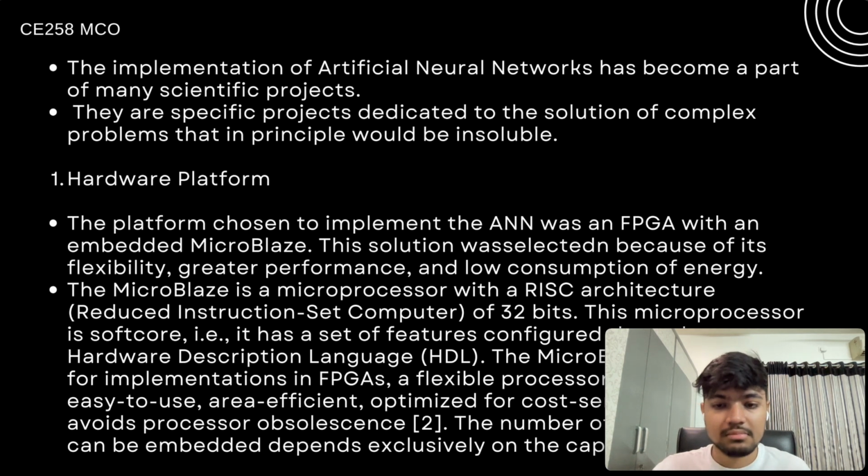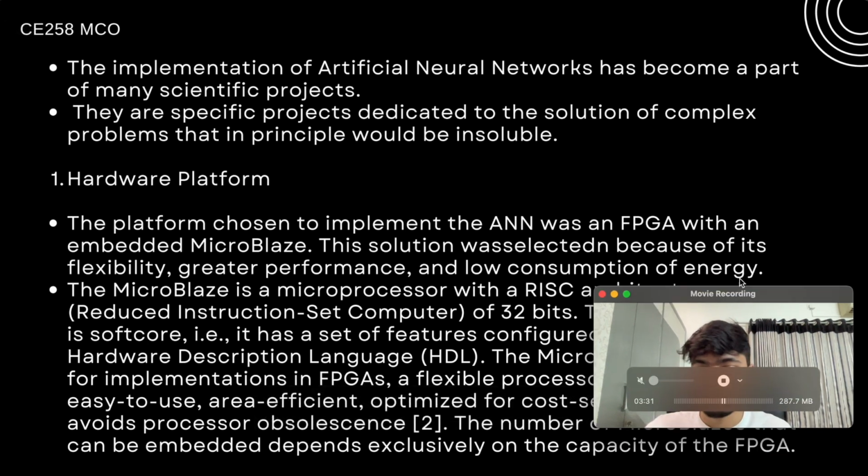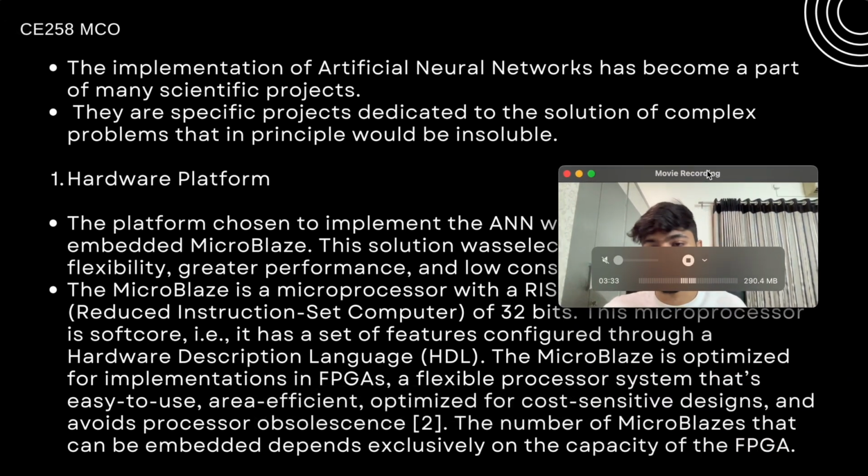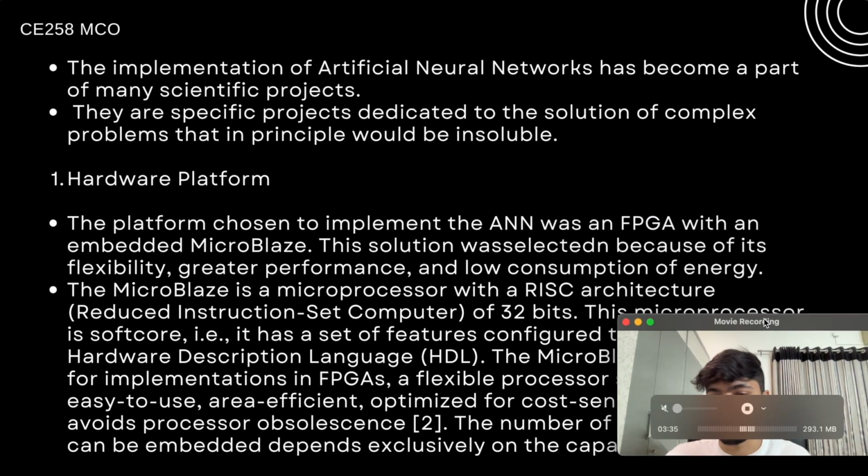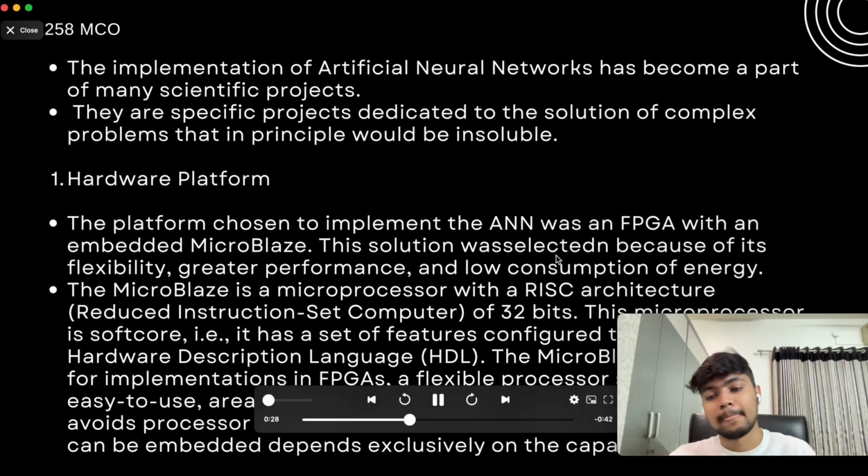It was selected because it is easy to use, area efficient, optimized, cost effective, and the number of embedded systems depends exclusively on the capacity of the FGPA. Moving towards the next.